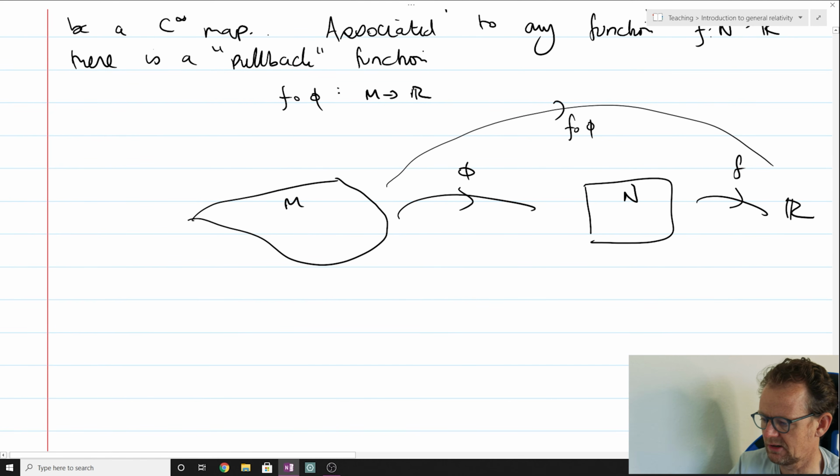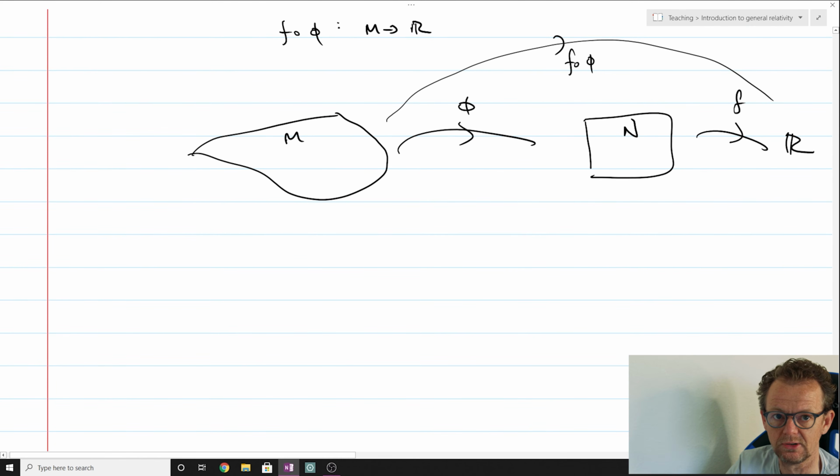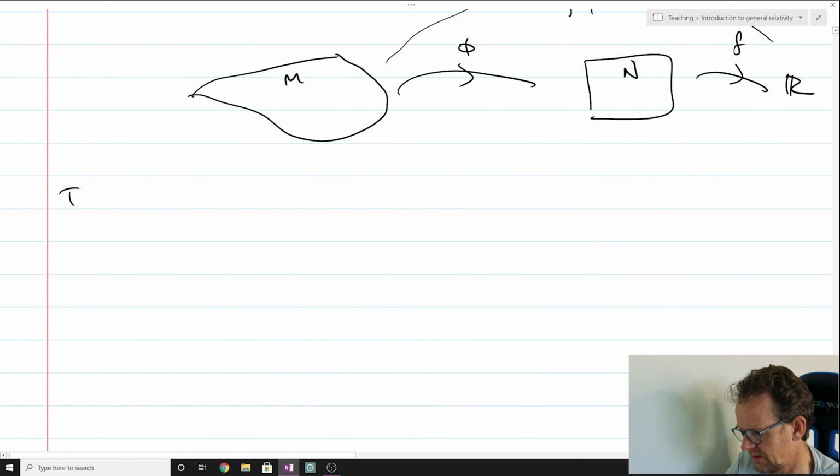So what kind of geometrical quantities am I talking about? Well, the first associated quantity you can put on a manifold after functions is tangent vectors. So what happens to a tangent vector?